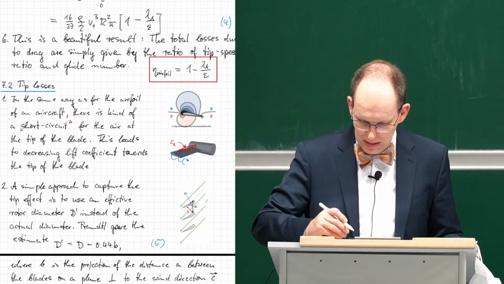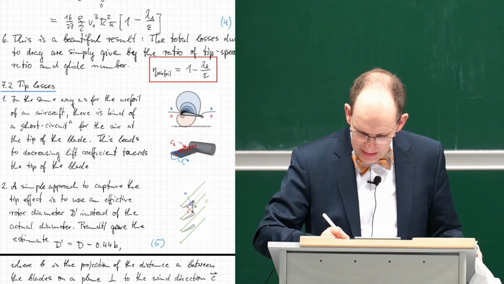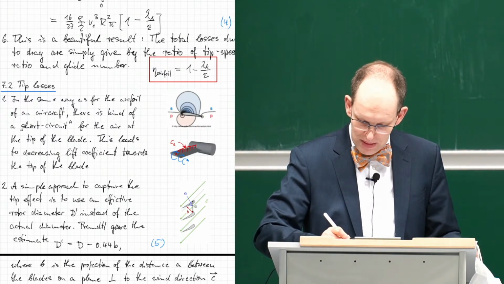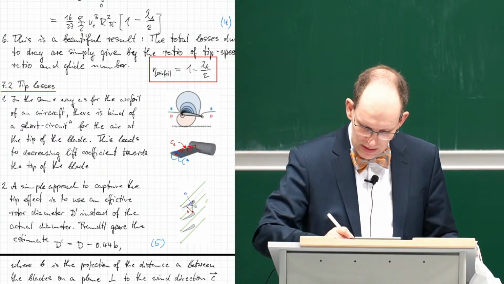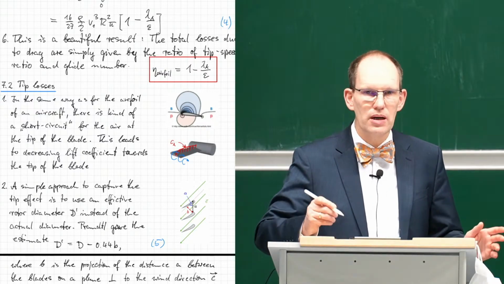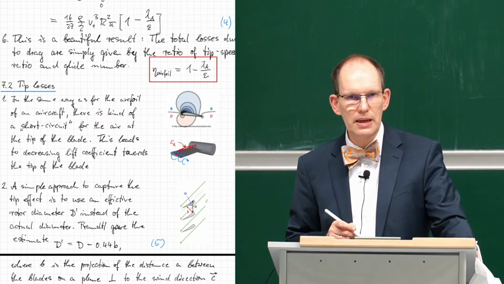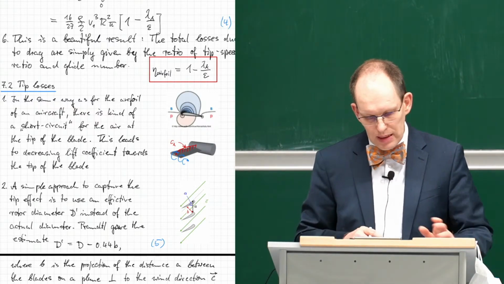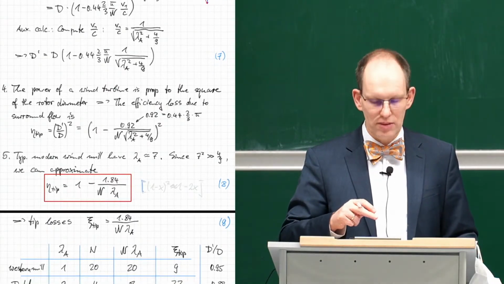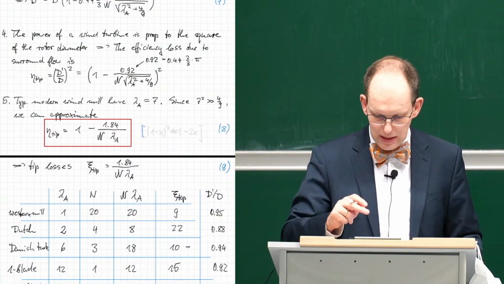And the consequence is that the lift coefficient of the airfoil is actually not constant throughout the wing, but it goes more or less to zero at the tip of the wing. And again, we found a formula, and I also put a red frame around it.